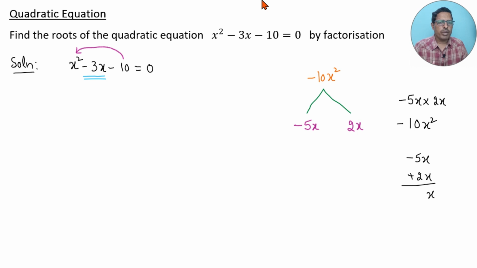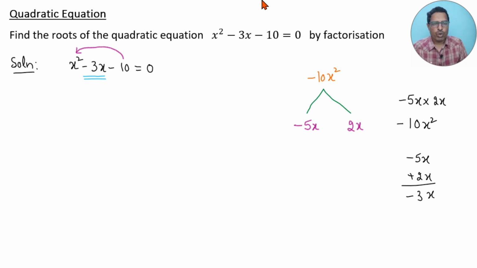Minus 5 plus 2, is it not minus 3x? Are you getting it over here? So if you add, you are getting minus 3x, but if you multiply these two numbers, minus 5x into 2x, you are getting minus 10 x square. So this is how you have to choose these values, minus 5x and 2x.